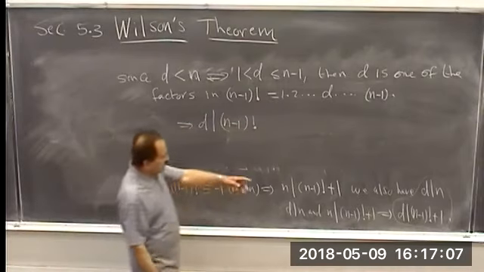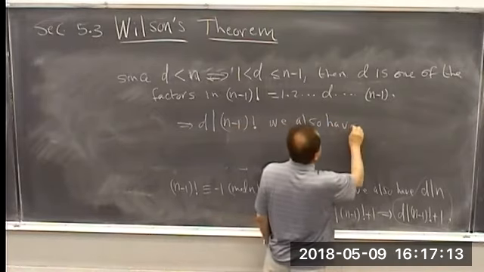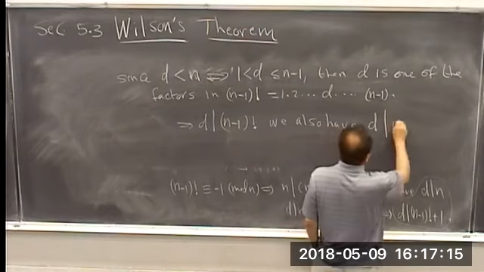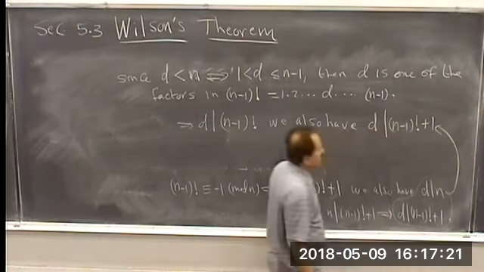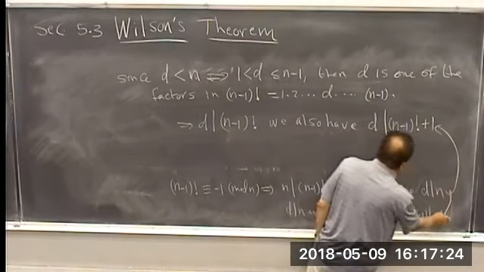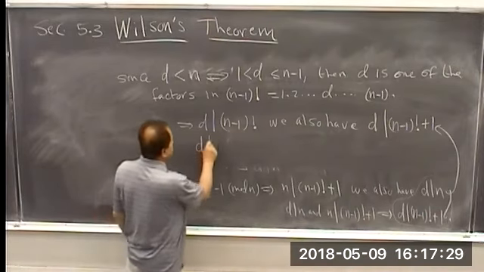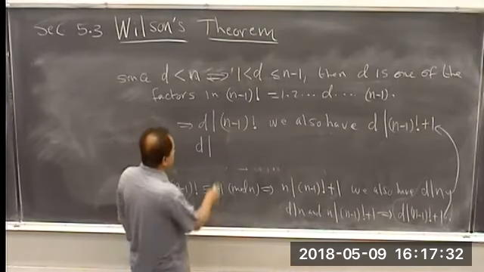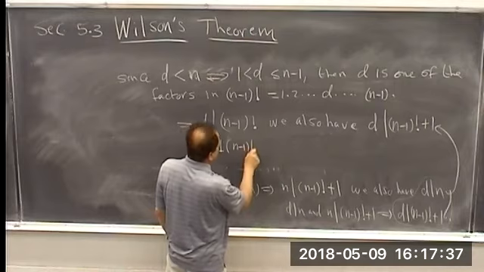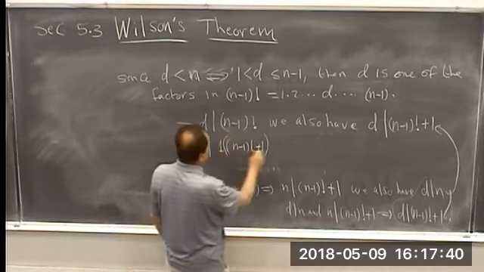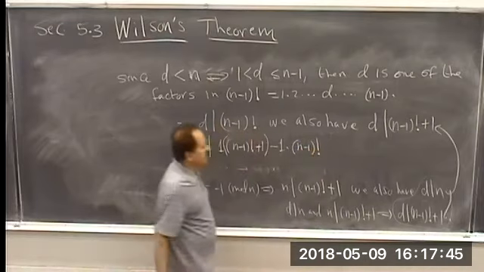Now we also have shown d divides n minus 1 factorial plus 1. This is this congruence, or this divisibility. So we can say that d divides a combination of these. I'm going to take 1 times n minus 1 factorial plus 1, minus 1 times n minus 1 factorial.